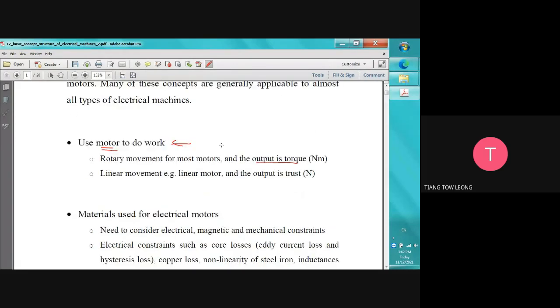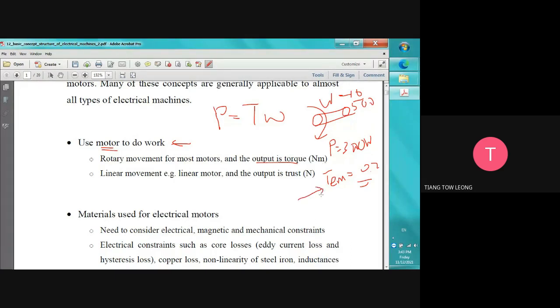The torque has a relationship with the power: power equals torque times omega. If there is a shaft here, and we rotate the shaft, and the output power I measure is 300 watt, then converted to electromagnetic torque, maybe the rotation is about 500 RPM, so the electromagnetic torque is about maybe 0.2. This is what we need to understand.